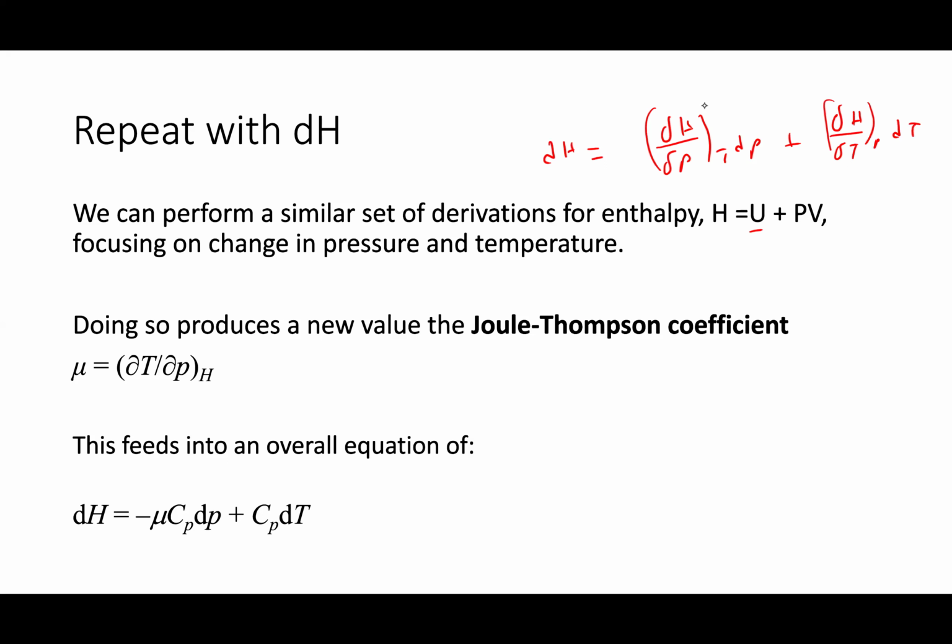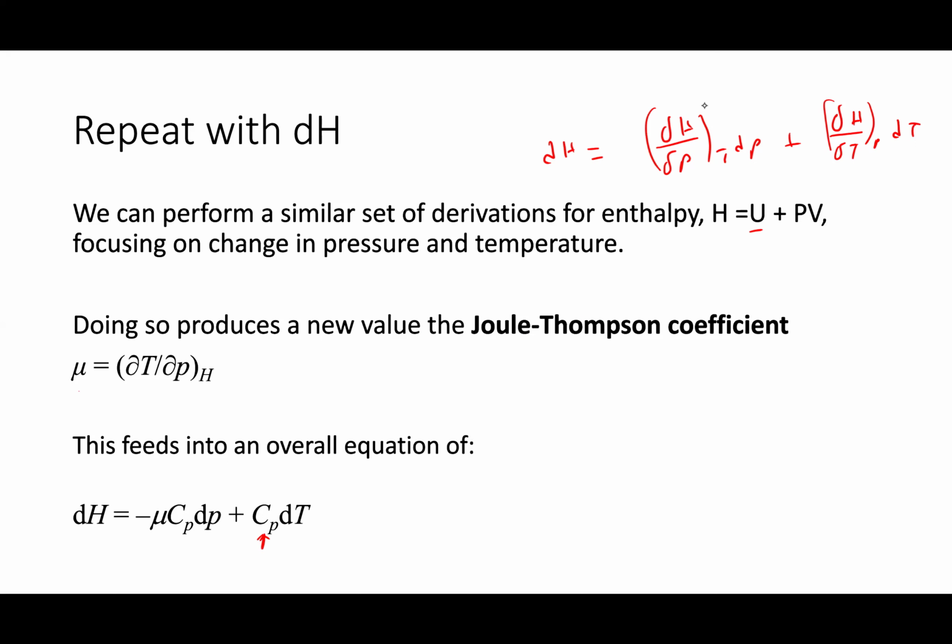If we look at this, dH over dT at constant pressure is Cp. That's the definition of Cp: the change in enthalpy as the temperature changes at constant pressure. And for dH over dP, this is what we just defined as the Joule-Thomson coefficient.